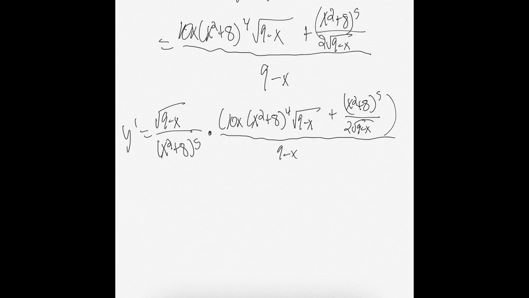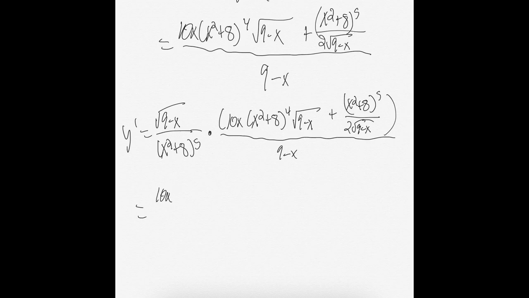And actually, I do think some stuff is going to cancel here. All of this over 9 minus x. Okay, so let me multiply this through. I know it looks super ugly here, but we can actually make this much better, I think.